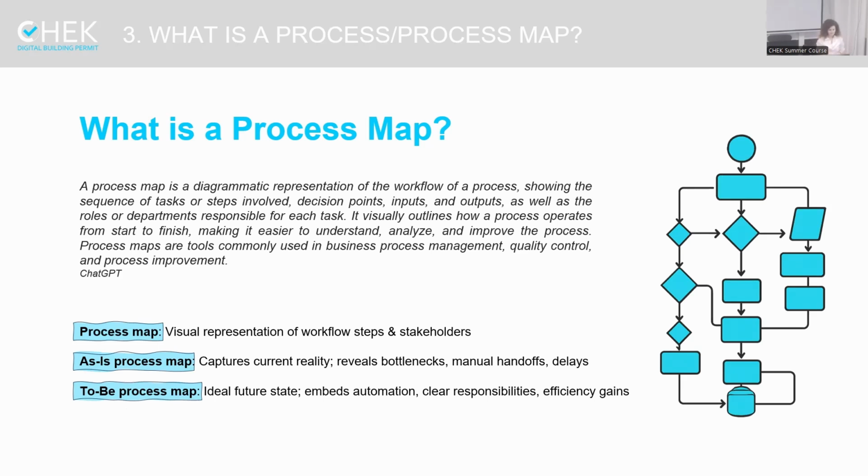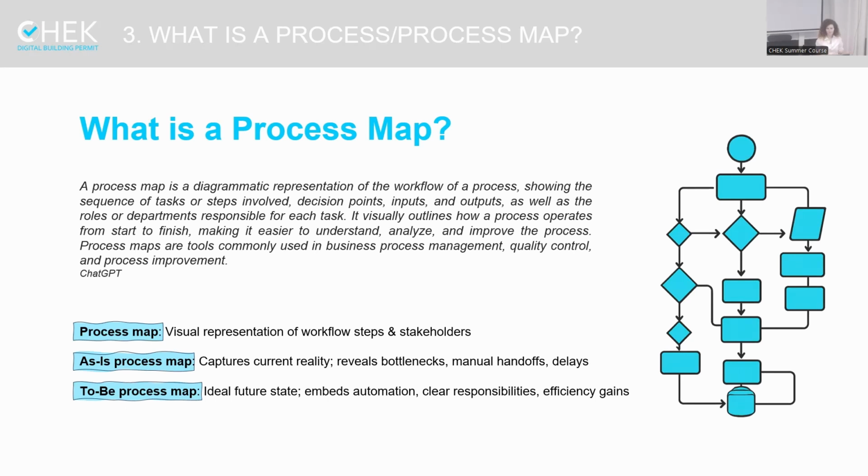Then the as-is process map, that was one of the keywords of our work package, but also of this project, is the process map of the actual process, how it is developed currently right now.